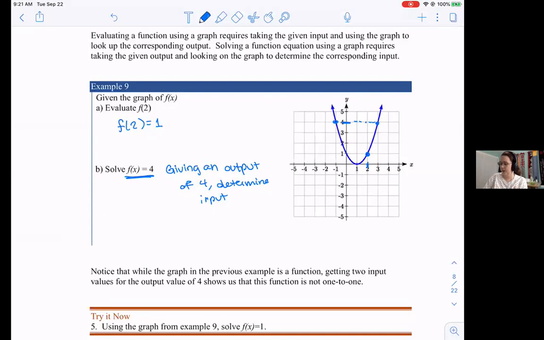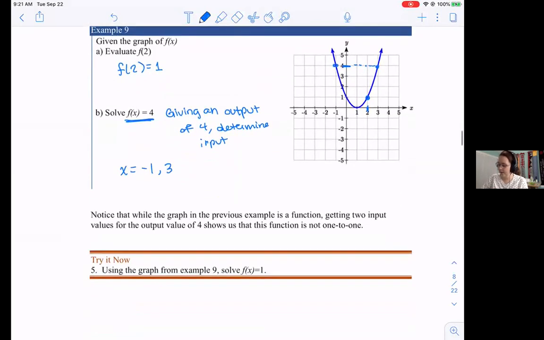Our inputs would be x is -1 and 3. Good, Roxy. All right, the try it now 5, it says use a graph from example 9 to solve f of x equals 1. So our output is 1.